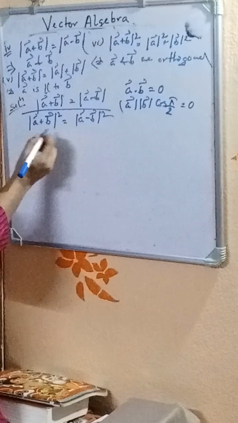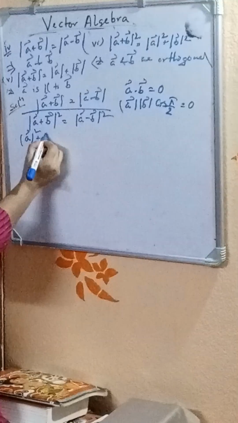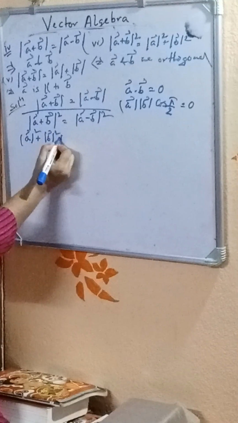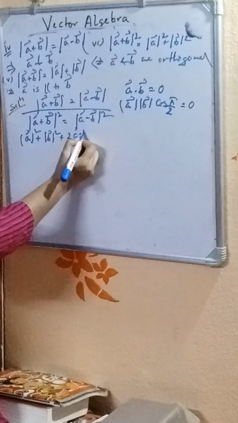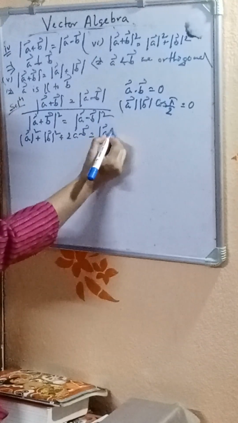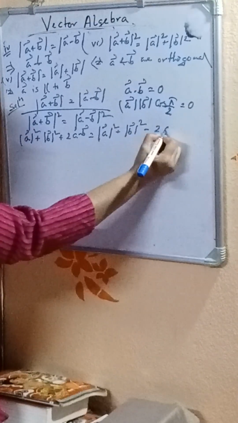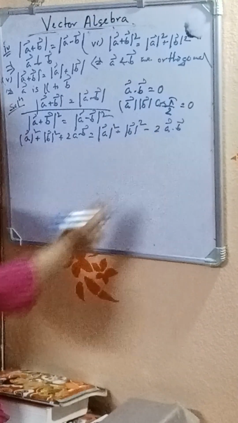Now, modulus of a vector plus b vector square is modulus of a vector square plus modulus of b vector square plus 2a vector dot b vector. And this is a vector square plus b vector square minus 2a vector dot b vector.